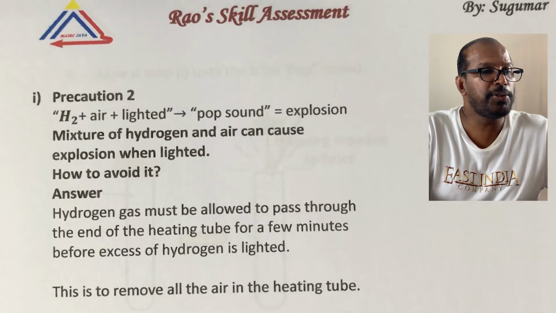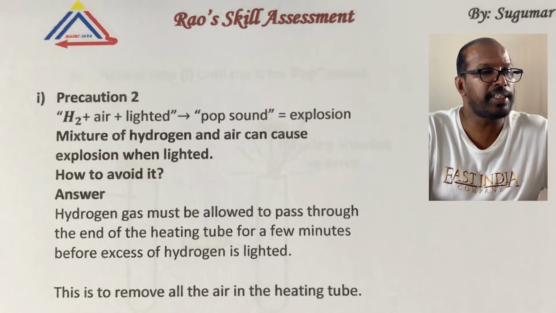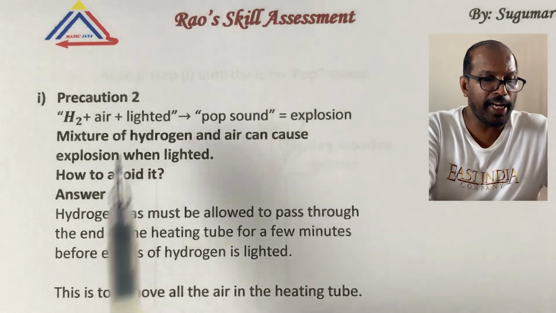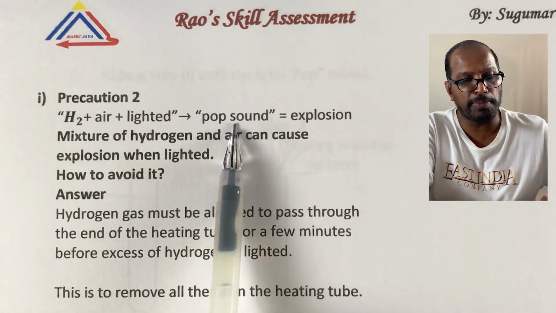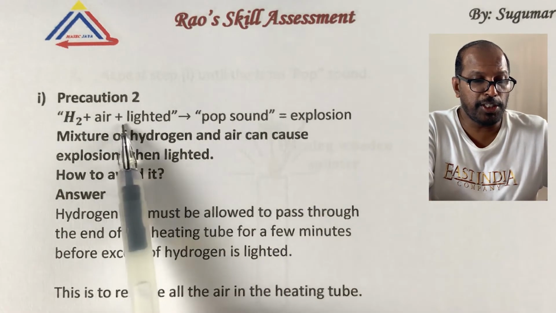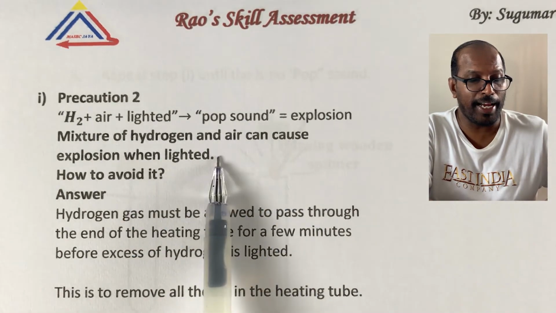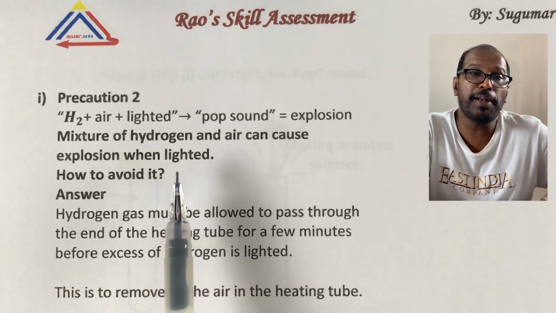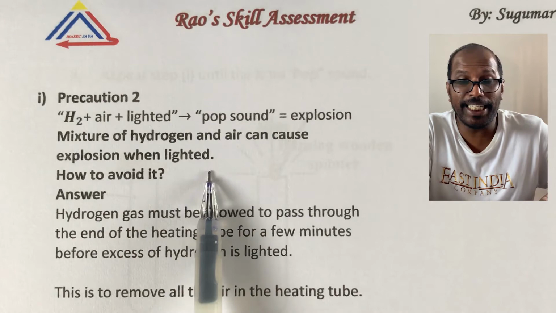Now next, precaution number two. The precaution number two that we are going to look at here is that when hydrogen mixed with air is ignited, it is going to form a pop sound. If it is too much hydrogen, it can form an explosion. So a mixture of hydrogen and air can cause an explosion when lighted. How to avoid this? We should avoid this before we burn or light it up at the end.